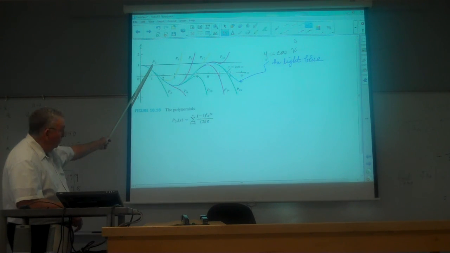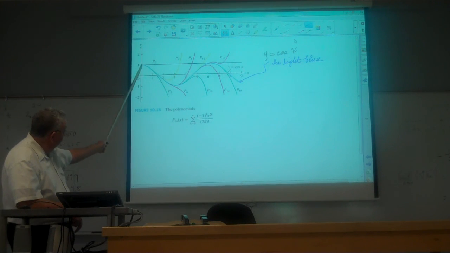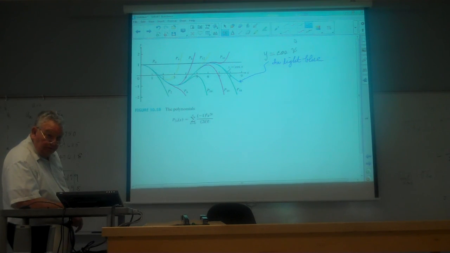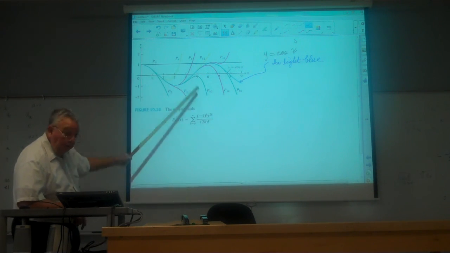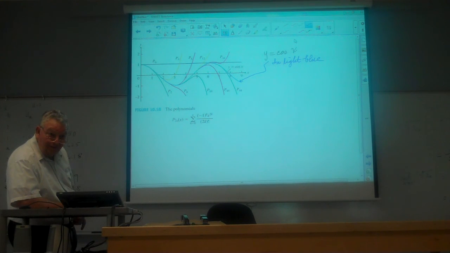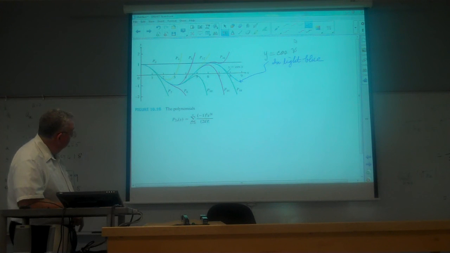At n equals 0, that means just one term, you get a straight line. That's no good. At n equal 2, isn't that a parabola or the makings of one? What kind of line is that? It's not a tangent line, is it?